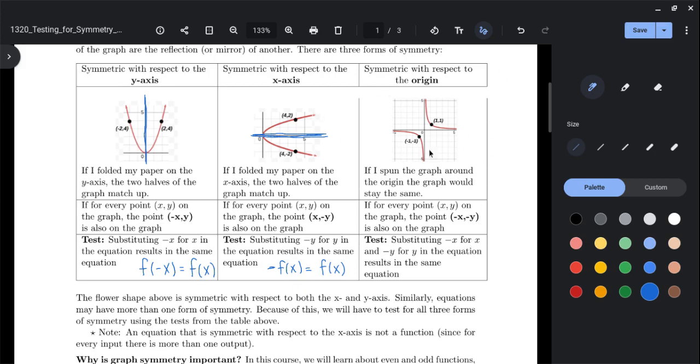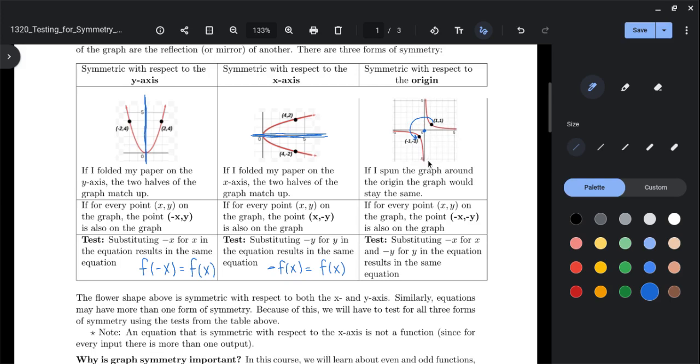If we're looking to see if a graph is symmetric with respect to the origin, this is a little different from our previous two types of symmetry. Here, I have highlighted the points (1, 1) and (-1, -1). If I spun my graph around the origin, remember the origin is (0, 0), where our x and y axes intersect, by 180 degrees, then my graph should be the same.